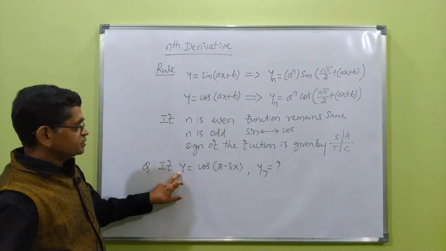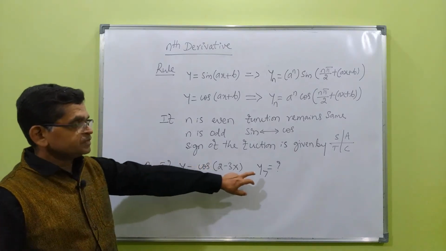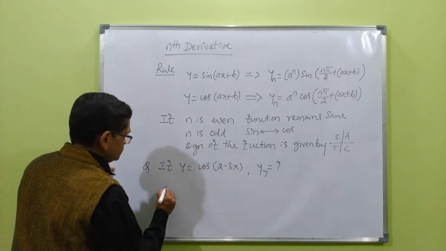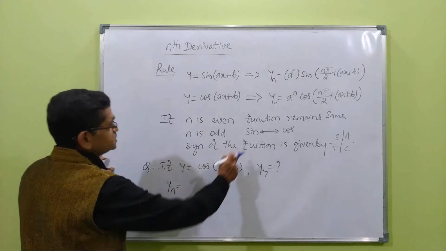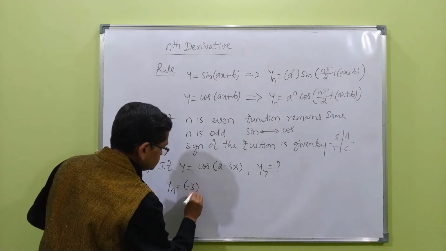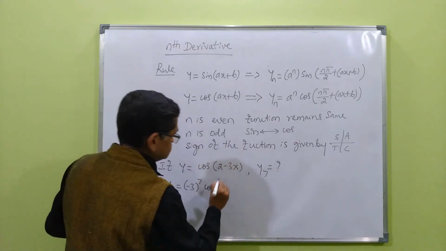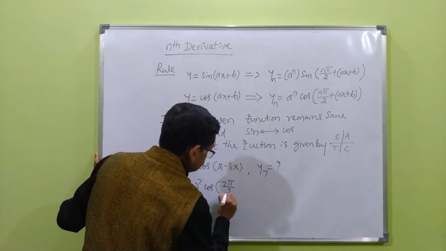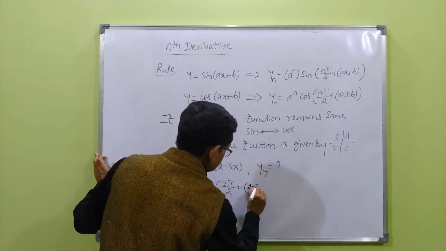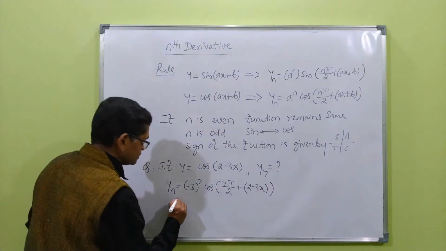Now let us consider one example. If y is equal to cos of this much, then what is the seventh derivative of this function? That is, y7 is given by, this is cos function, you have to apply this. What is a here? Minus 3. Minus 3 raised to 7. Cos. n is 7. 7π by 2 plus ax plus b is 2 minus 3x, or minus 3x plus 2. Okay.